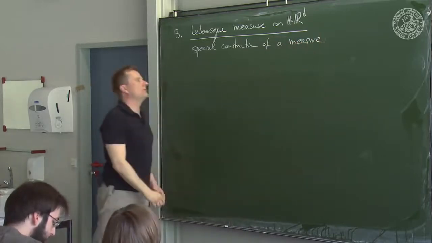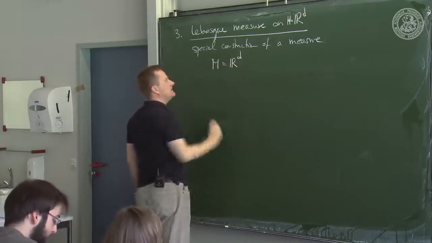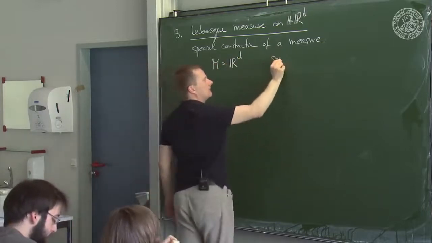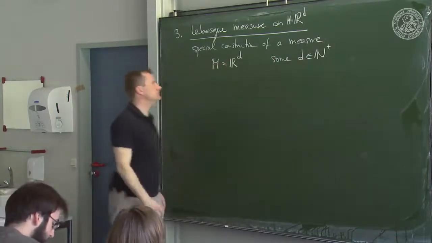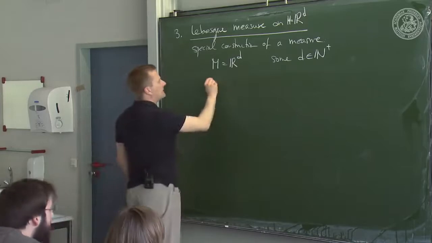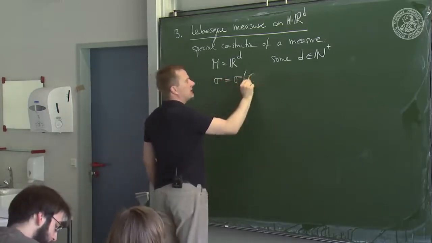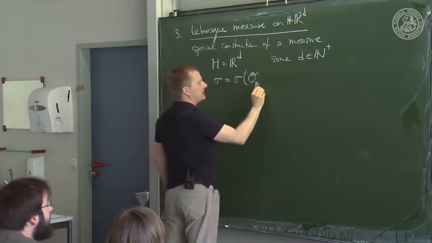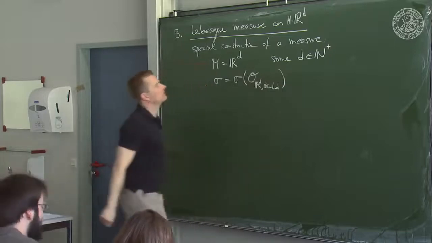And you wouldn't be surprised that it's, well, that's already said, it's on R^D for some D. And it is on the sigma algebra that's generated by the standard topology on R^D.